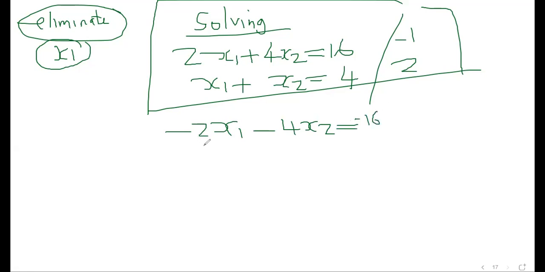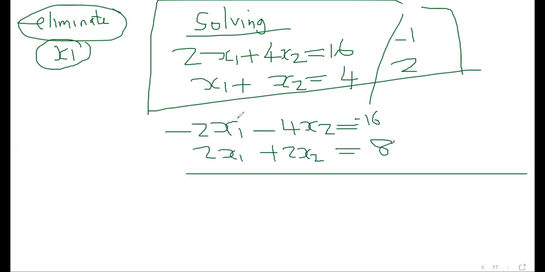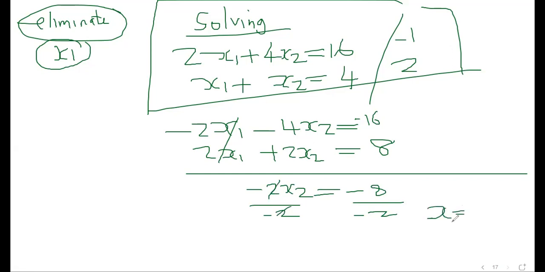Then this other one will be 2x1 plus 2x2 equal to 8. So this one will give us -2x2 equal to -8, over -2 over -2. Our x2 is equal to 4.